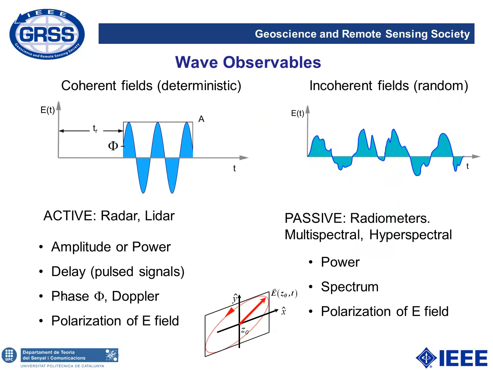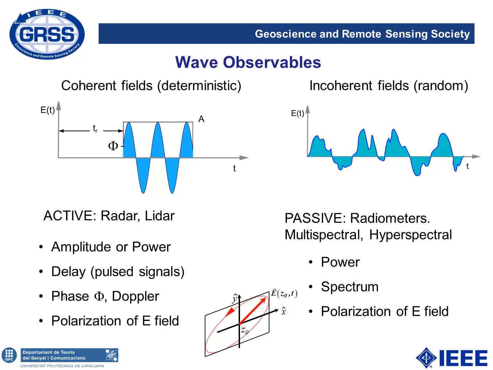The slide in this case shows what are the wave parameters that we can observe in two types of signal. In this case, on the left hand, we have the case of coherent fields. These fields are normally provided by the sensor. It corresponds to an active sensor.